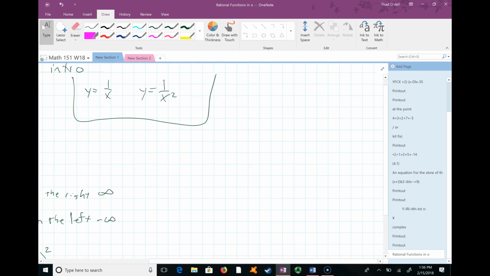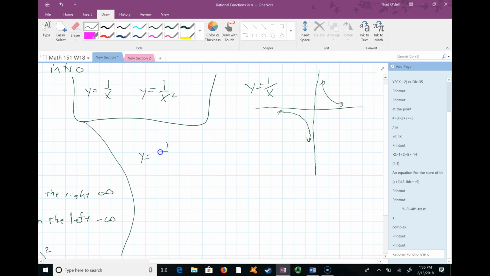Now, from what we know of these parent functions, if you remember, y equals 1 over x looks like this. These are kind of unique because they introduce things we've never seen before. And the other one, y equals 1 over x squared, looks like this. What we can gather from this is, first of all, they have vertical asymptotes.